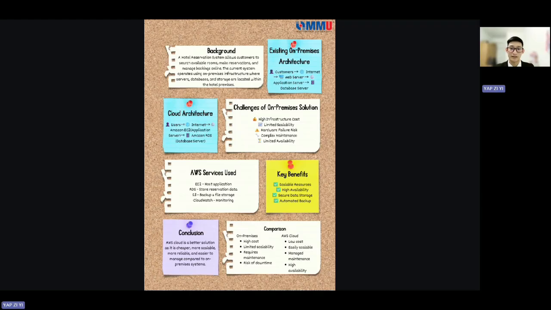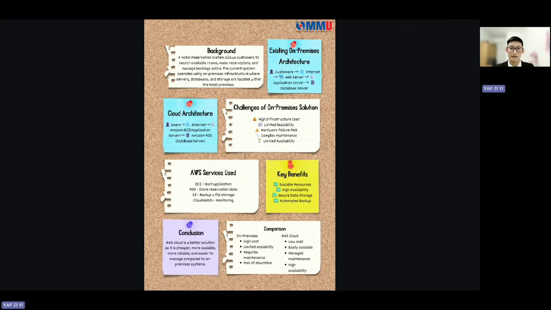Now, let us discuss the challenges and limitations of the current on-premises solution. The first challenge is high infrastructure costs. The hotel must purchase physical servers, networking equipment, storage devices, software licenses, and backup systems. In addition, regular maintenance and hardware replacement also increase operational expenses.